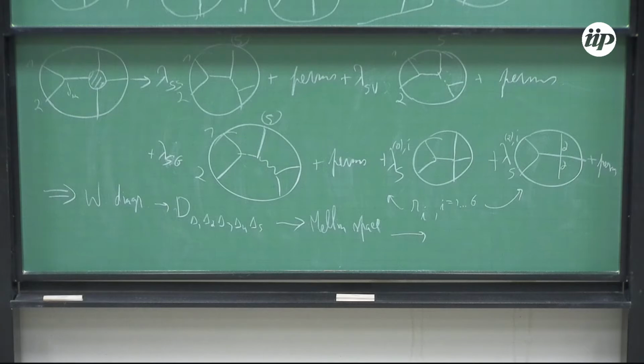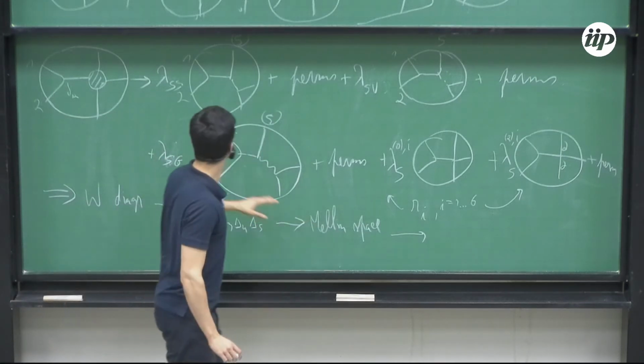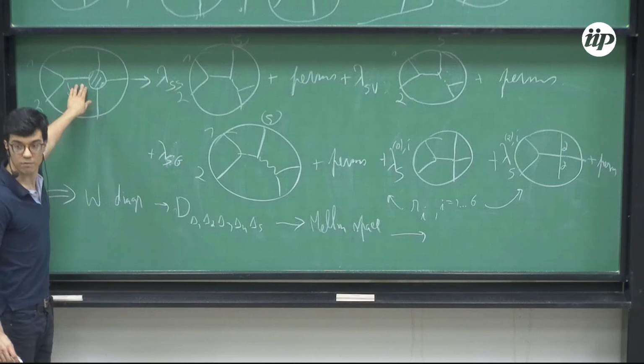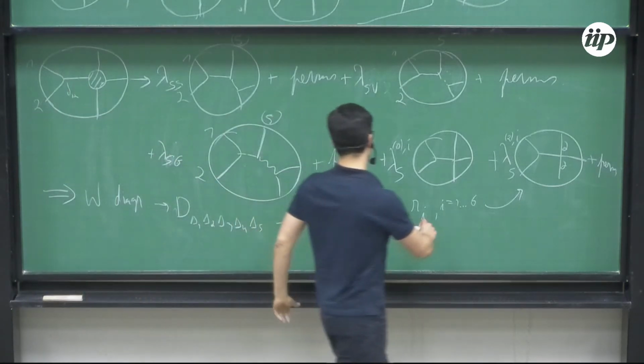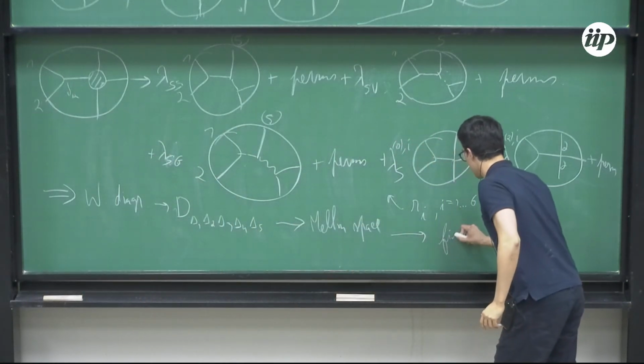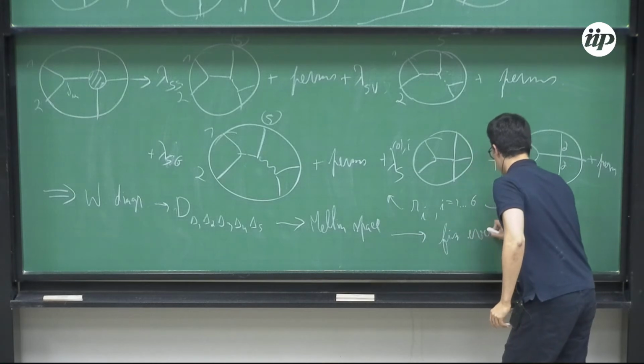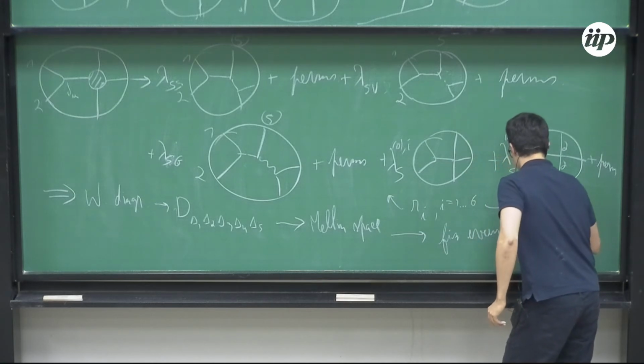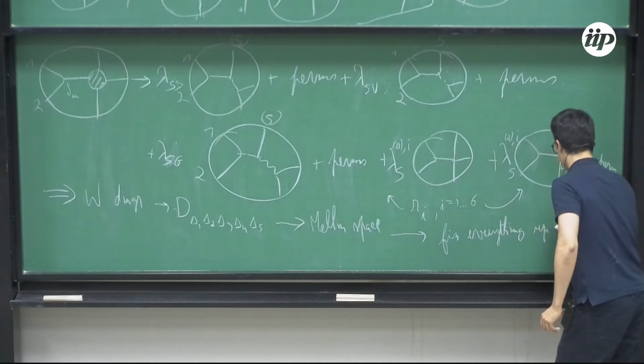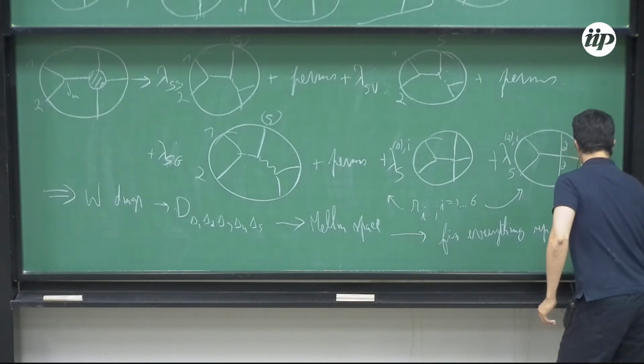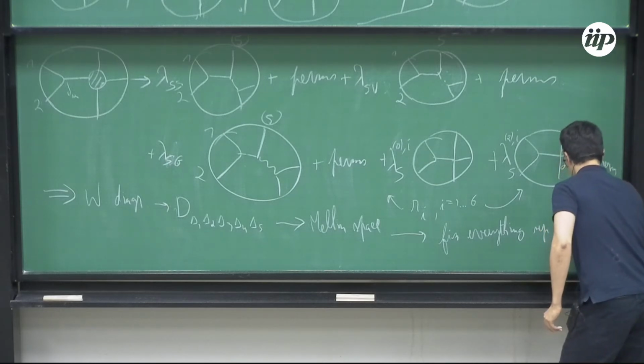And this is the things that we computed. So we computed these in position space, but then we wrote them in Mellin space, which means that once we go to Mellin space and we look at what's the residue of this couple, we can fix everything up to overall scale.